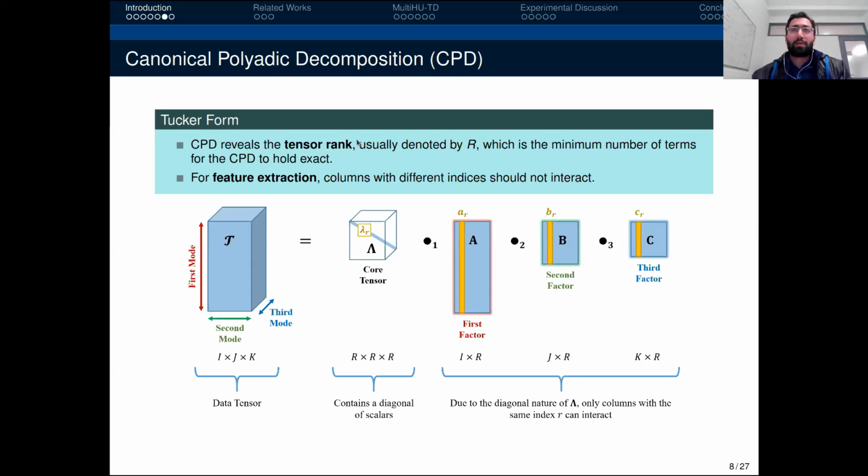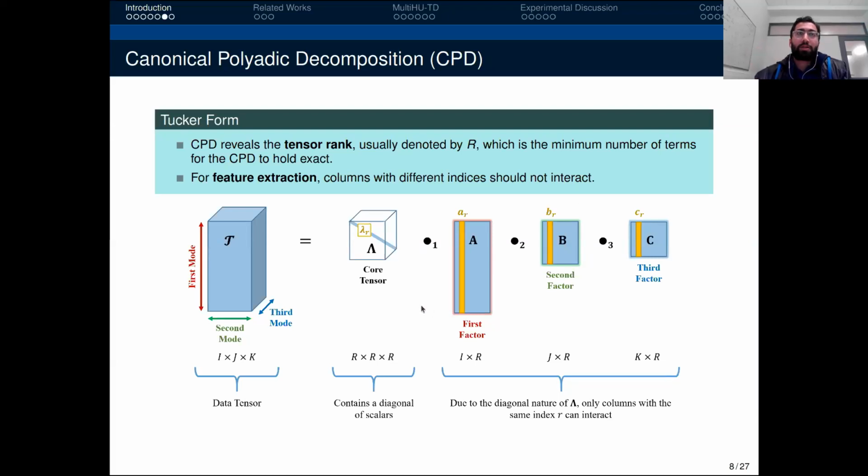In this case, it means that the columns in the factor matrices are formed of triplets or quadruplets, etc. So there are no interconnection correlations between the columns of the factor matrices, and this is beneficial for blind source separation, and in this case for multi-feature unmixing, because we want the features to be separated.